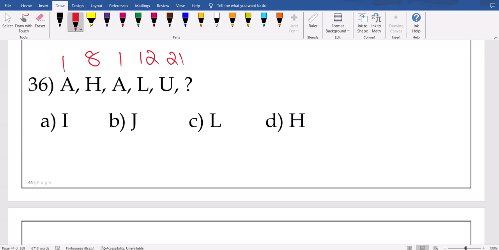Anyone done? L. So what's the logic? Okay. You are going with Allu Mallu. So vowels concept also no. Okay.